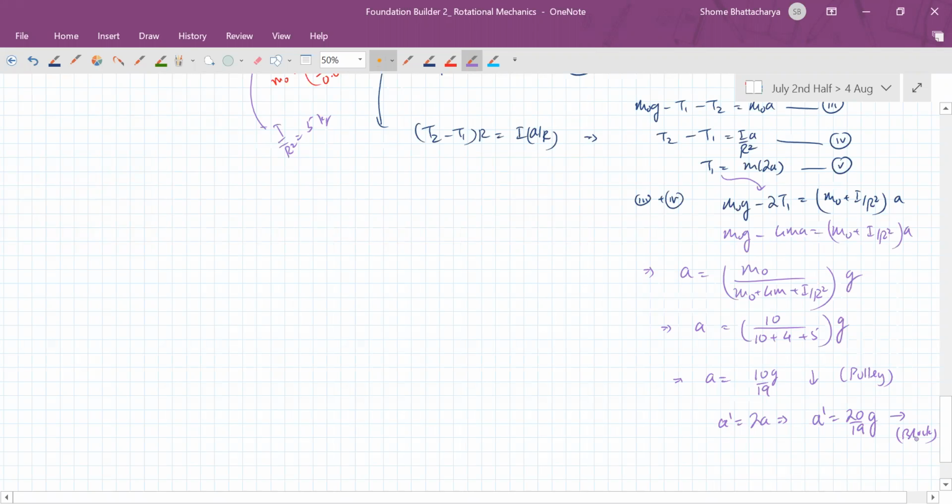If you take g as 9.8, you will get 20 by 19 g as 10. Okay, so that is this question, people. So hope this is clear.